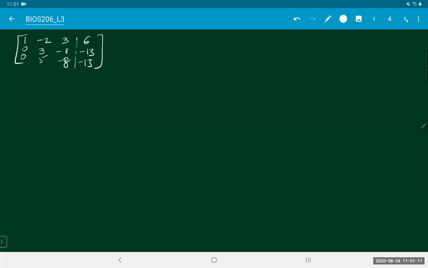So remember that in the end, we want something of the form 1, 1, 1, 0, 0, 0, ideally. So now the next thing we will try to do is get a 1 over here. Any idea how I should do that?